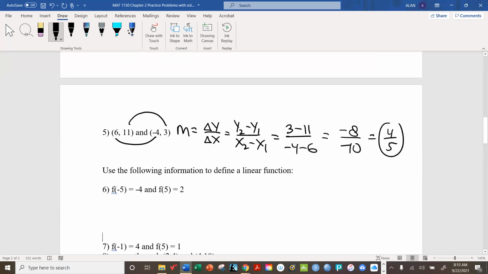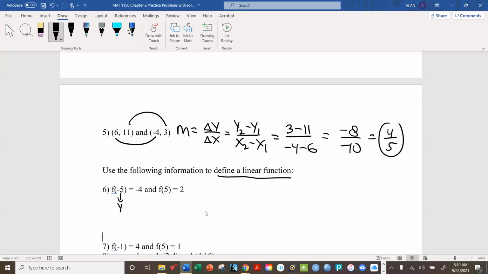Now, down here, when it says define a linear function, that's just a fancy way of saying come up with the equation of a straight line. Now here they're doing it a little bit differently, because this is basically y.